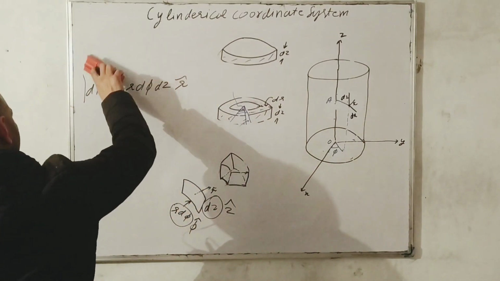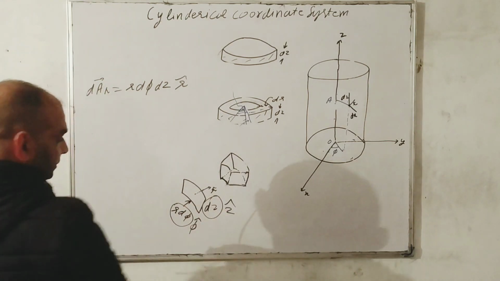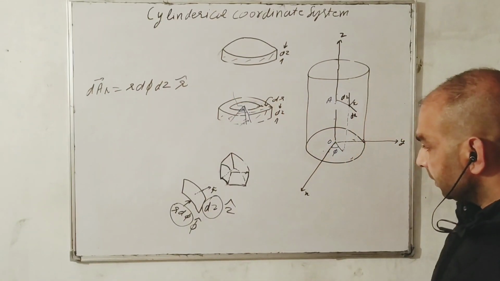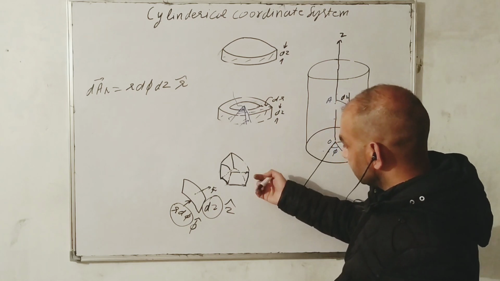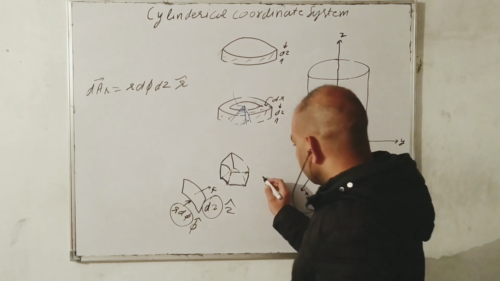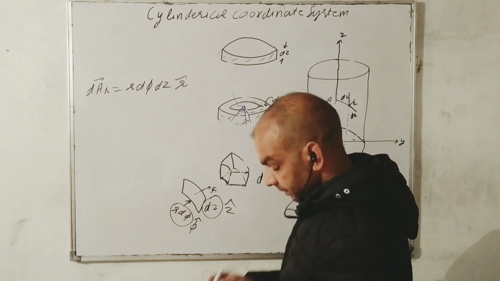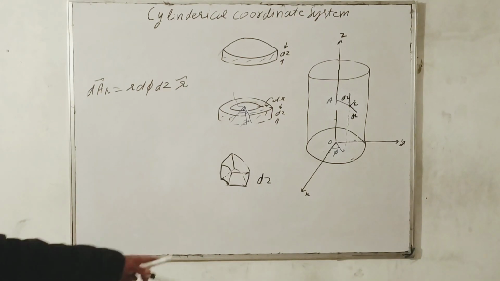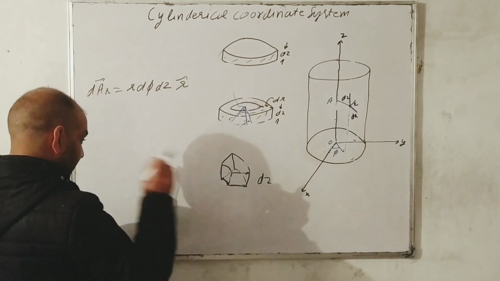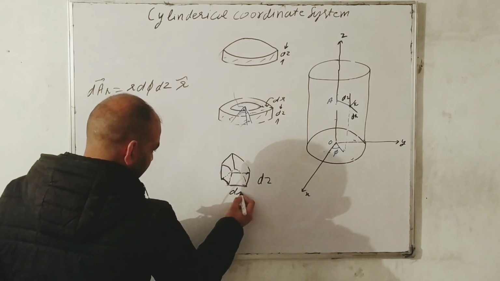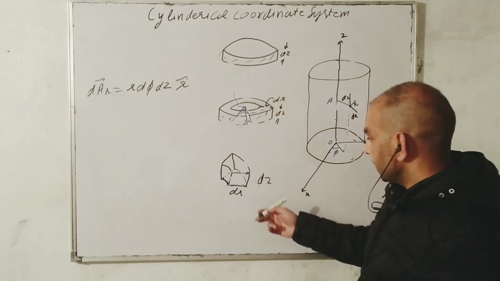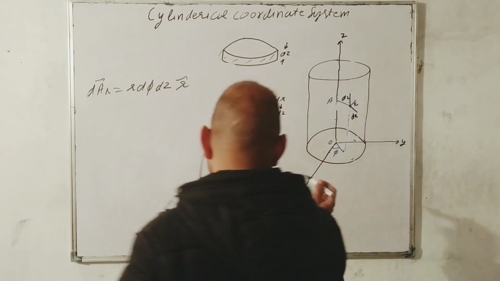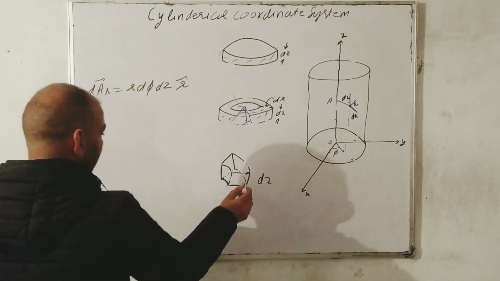Now we will find the area element along the other two sides. Actually, I don't want to erase this figure. This is dz and this is dr. So we simply multiply these two and we get the area element along the phi direction, in this direction or, if phi is changing, in that direction.